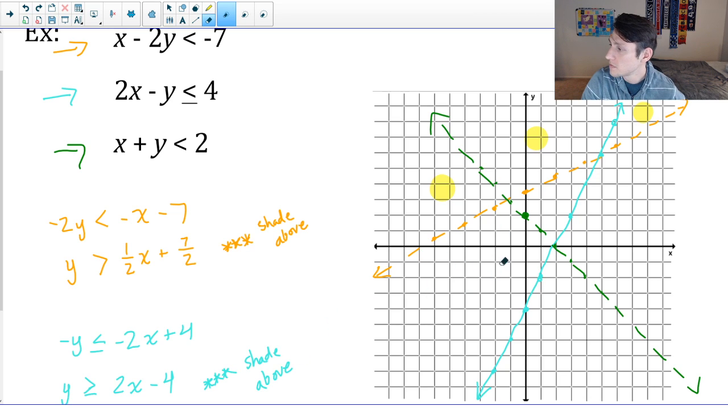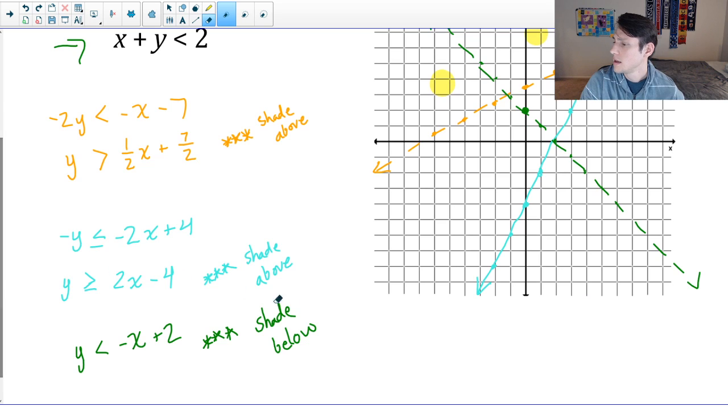We want to shade above this line. So these are the only 2 regions that are above it. This region is technically below the blue line. If you imagine the blue line continuing up, then that region would be below it. All right, so we don't want that one. So there's only 2 spots left. And the last thing we want is to shade below the green line.